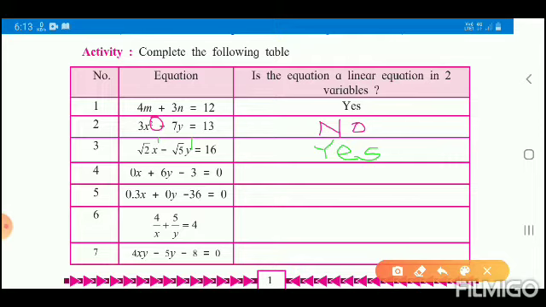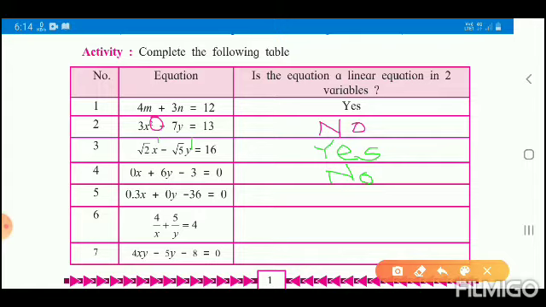Now fourth example we will see. Then they said that a and b should not be 0. Here the value of a is 0. So it is not a linear equation in two variables.